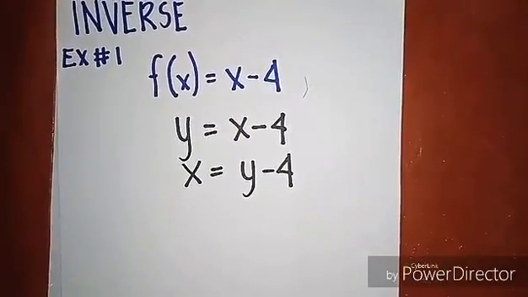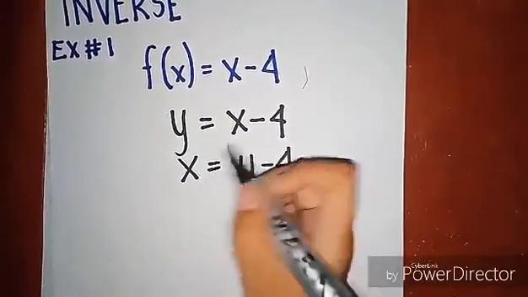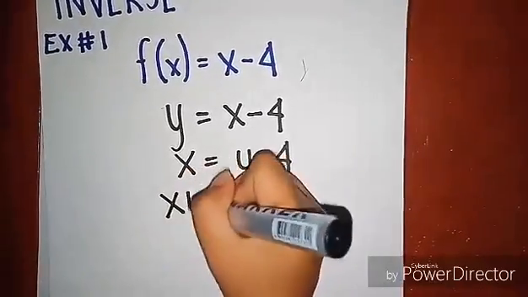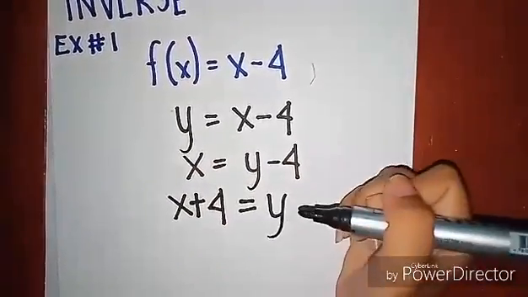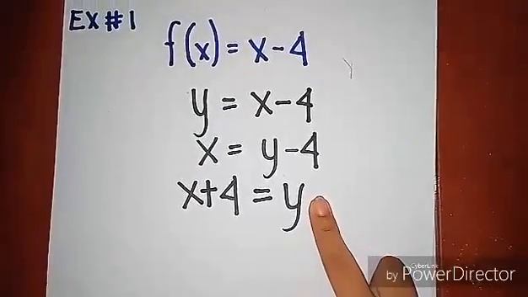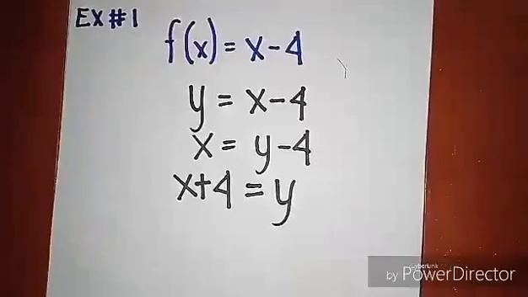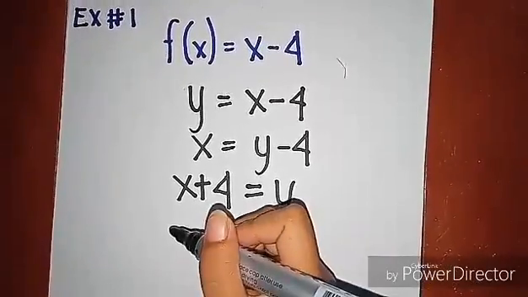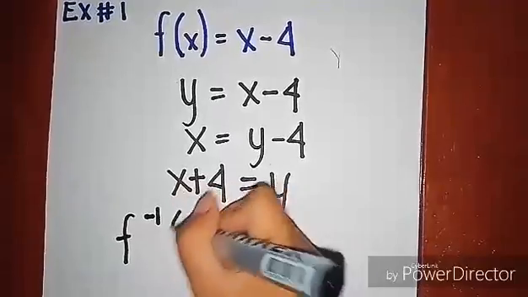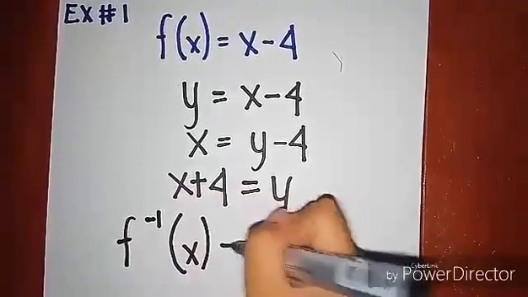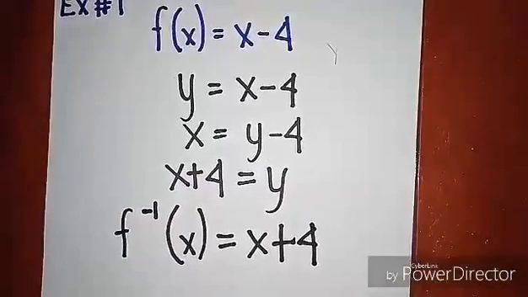Step 3: solve for y in terms of x, transpose negative 4. Last step is replace y by f inverse of x. So the answer is f inverse of x equals x plus 4.